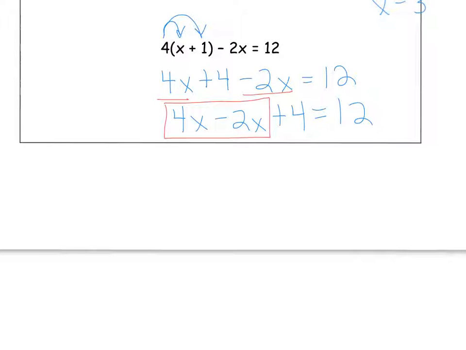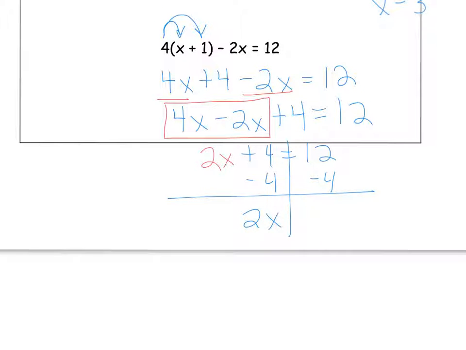Combine my x's. 4x minus 2x is 2x plus 4 equals 12. And now it's a two-stepper, so I can go ahead and start solving. Subtract 4. 12 minus 4 is 8, and then divide by 2. So x is equal to 4.